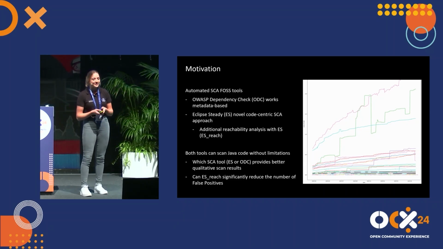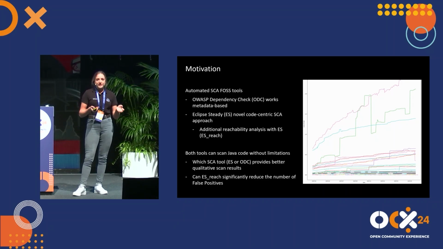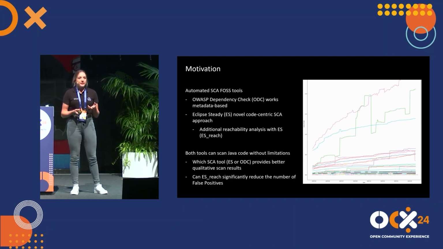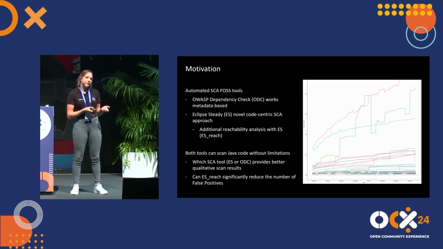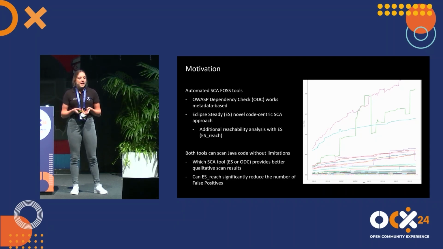Both tools can scan Java code, which is important for us. We wanted to investigate which of these two tools produces a better quality scan result. We would also like to know if this reachability analysis can really reduce the number of false positives, since this is a big problem.